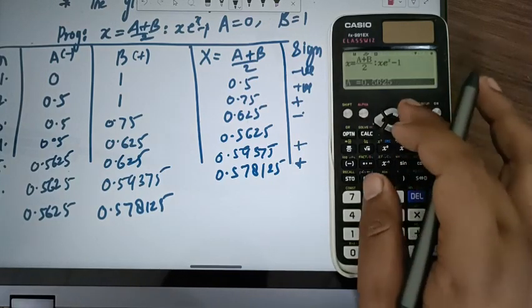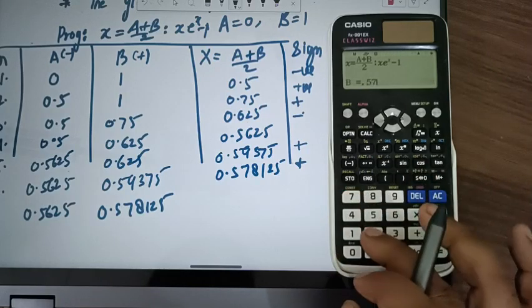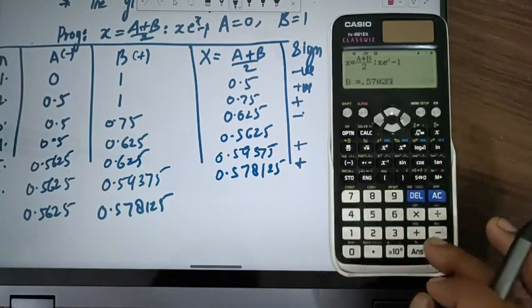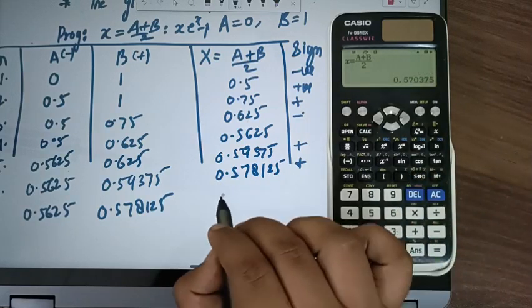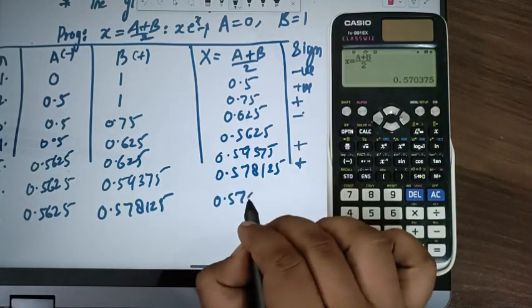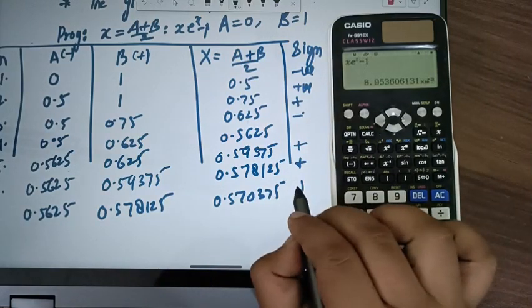Again, change the value of b. The value of a is unchanged here. The value of b is 0.578125, then press equal. The new value of x is 0.570375, then press equal. The sign is positive here.